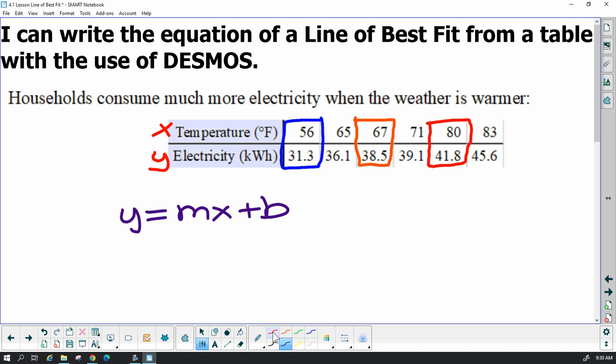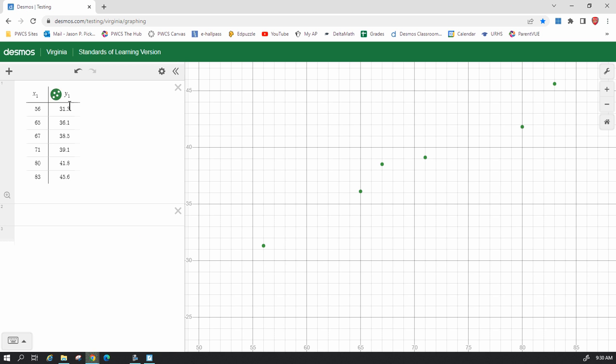We're going to modify this for Desmos. We are going to say y1 because you can see in Desmos up here it says y1. So when we put y1 in here, we just literally type y1 and it'll make it look like this for us. It's going to take all of these values from this column and put them into the equation.